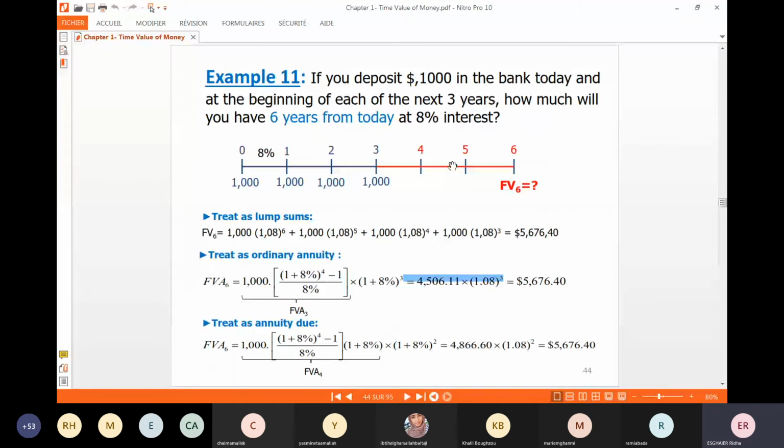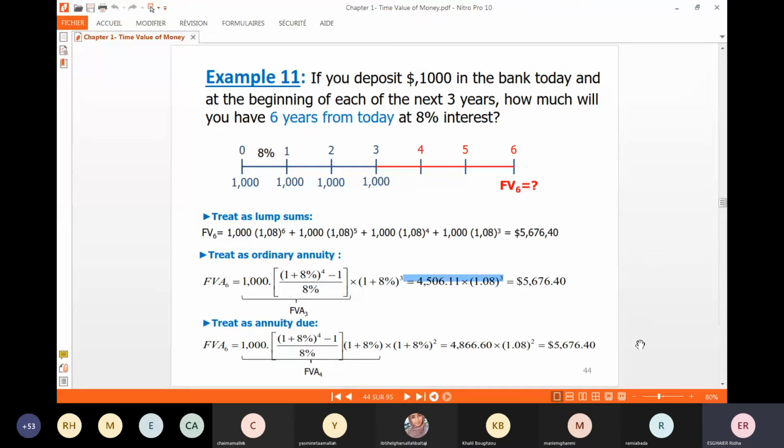So if we use the formula of an annuity due, what we will find is the future value 1 year after the date of the last deposit, at the date 4. And then we have the future value at the date 4. So since we are asked to compute the future value at the date 6, 2 years after the date 4, we need to compound this lump sum for an additional 2 years.